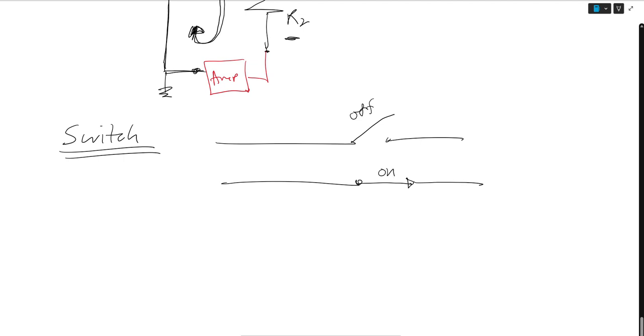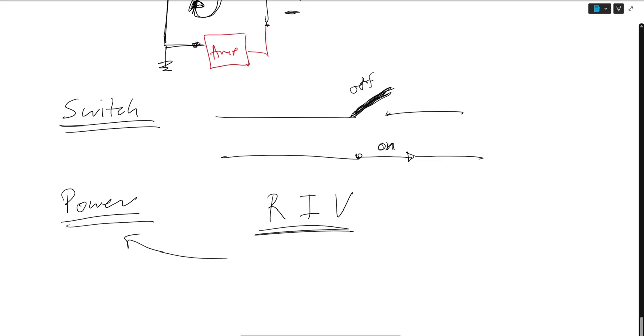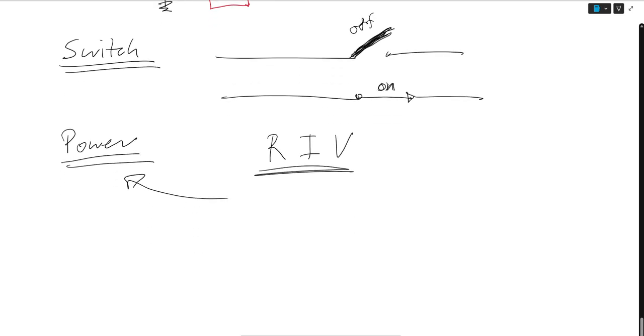In your household, this is what your switch does. It literally just turns it off and turns it back on, like with a fan. We'll talk about power. Power is extremely important. We'll talk about how essentially your load resistor, your current, and your voltage all play a big part when measuring power.